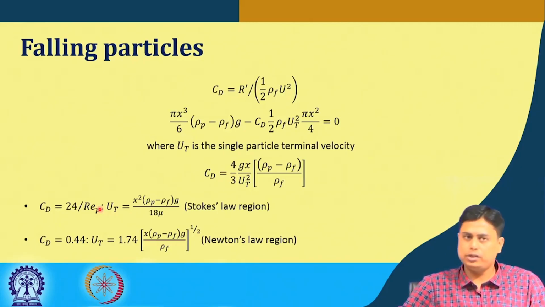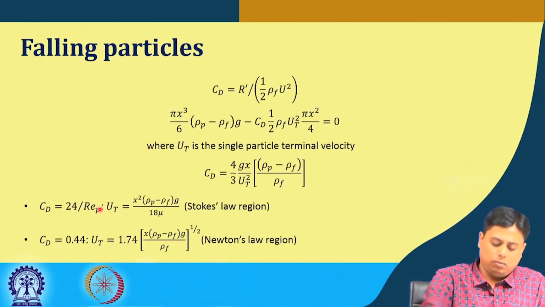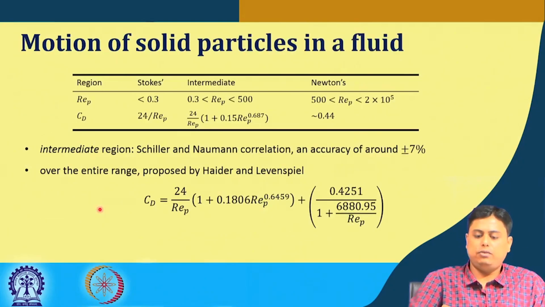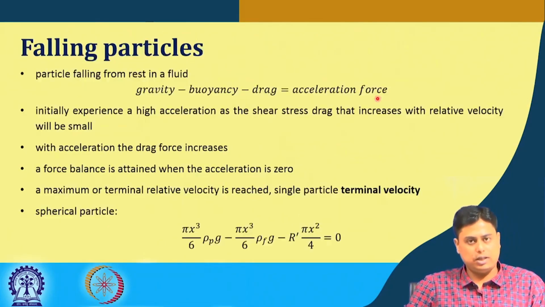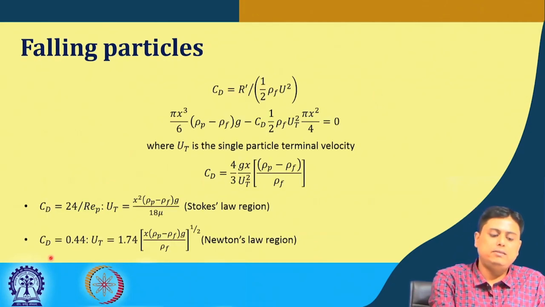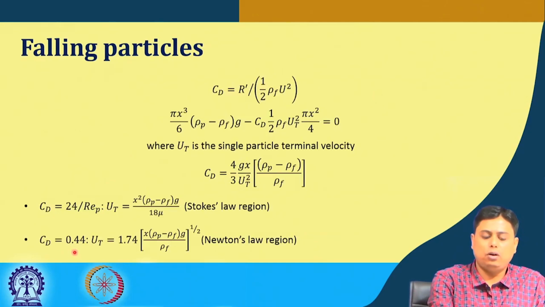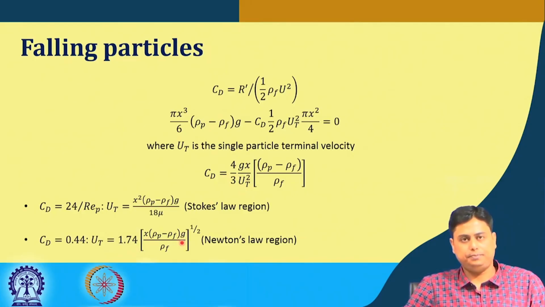In the Newton's law region, as you may remember, this is 500 to 2 into 10 to the power 5, and the CD value was 0.44. In that case, if you replace it here with 0.44 and calculate ut, you find ut as 1.74 multiplied by this parameter.